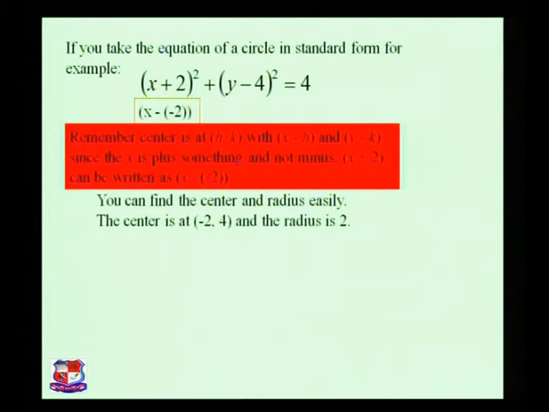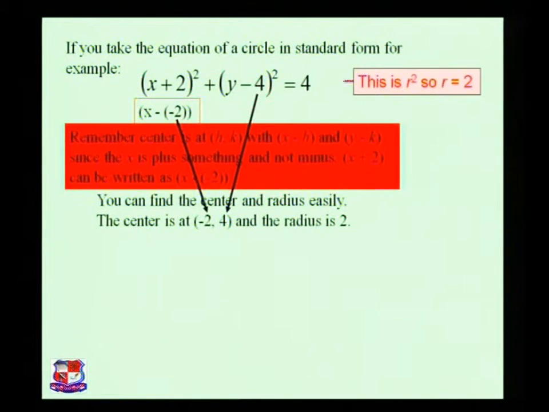So to compare, x minus h is x minus (minus 2), and y minus k is y minus 4. So k is equal to 4, but h is equal to minus 2. So the center (h, k) is (minus 2, 4), and the radius is 2, because r square is equal to 4.